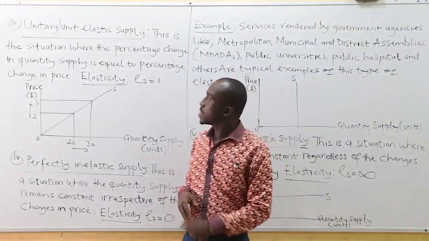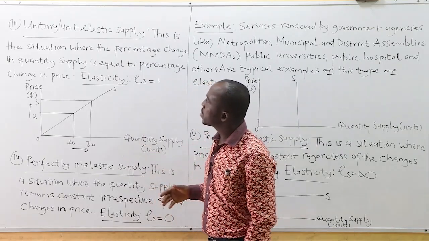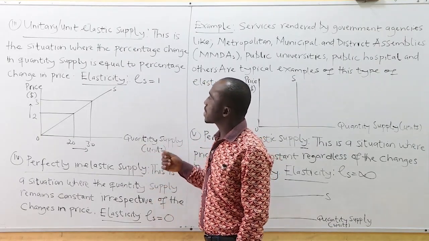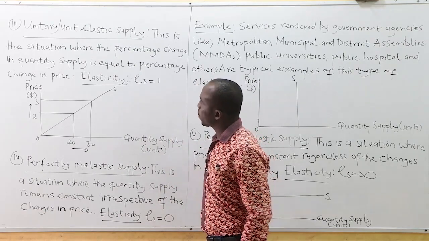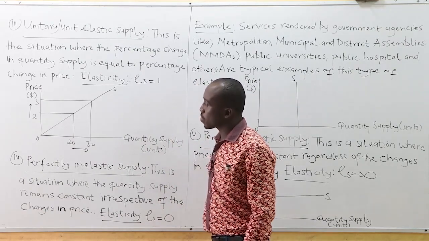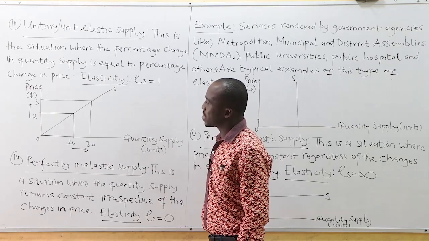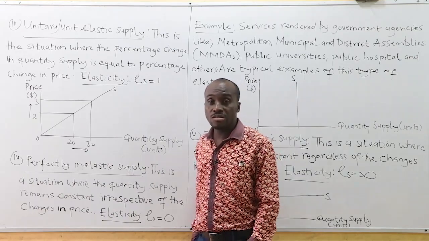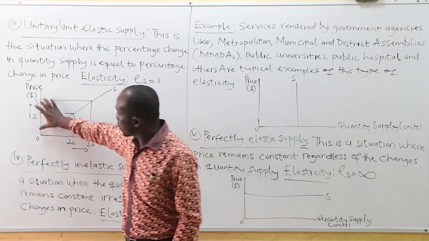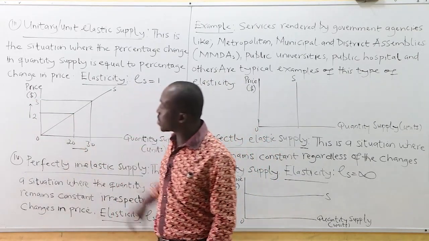Three, unitary or unit elastic supply. This is a situation where the percentage change in quantity supplied is equal to the percentage change in price, and therefore elasticity is equal to 1. So here you don't need to worry yourself. The percentage change here and here is the same.